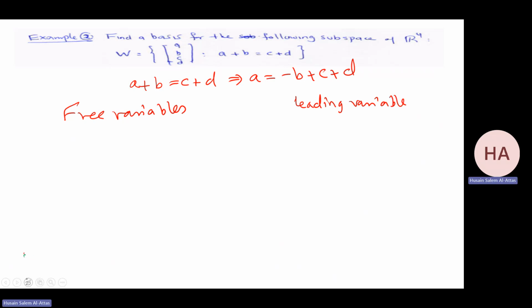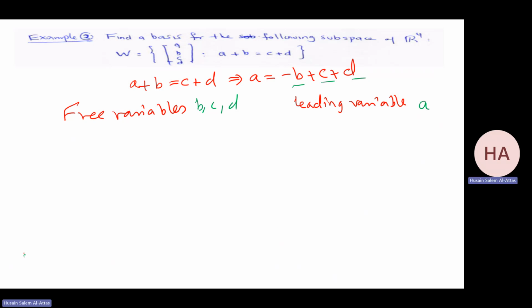In this case, the free variables are B, C, D. I can put any value for B, C, D. And the leading variable is A. You can make the leading variable B. Yes. You can make it C. Yes. You can make it D. Yes. It's up to you.